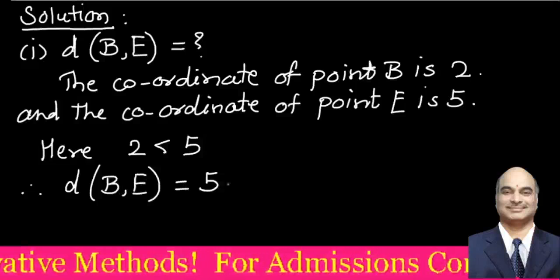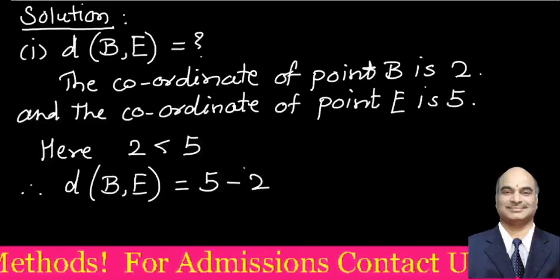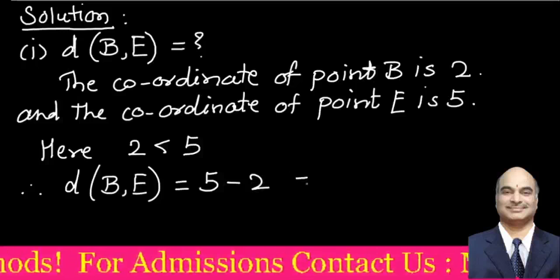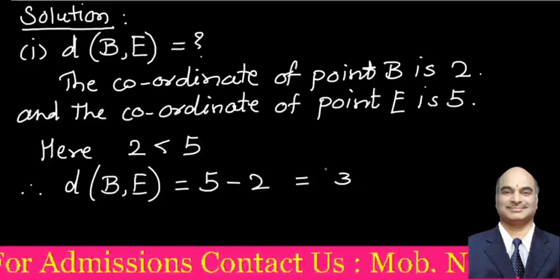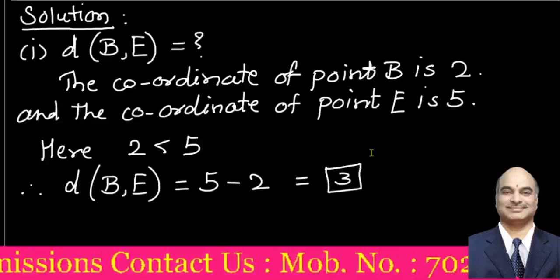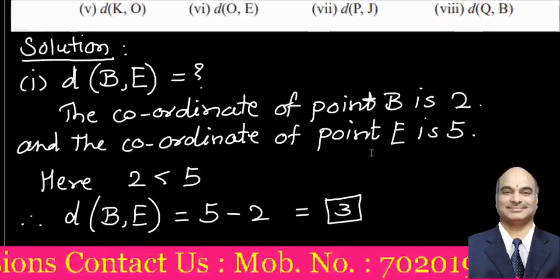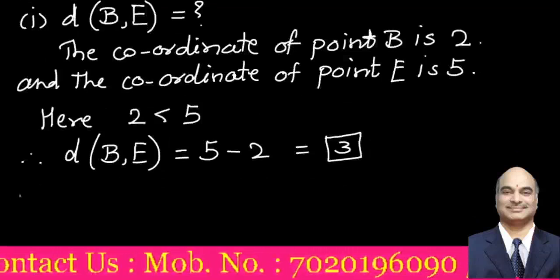So we take 5 minus 2, then we can find the distance BE, and the answer is 3. So distance BE is equal to 3. Okay, did you get this point? Yes, no?